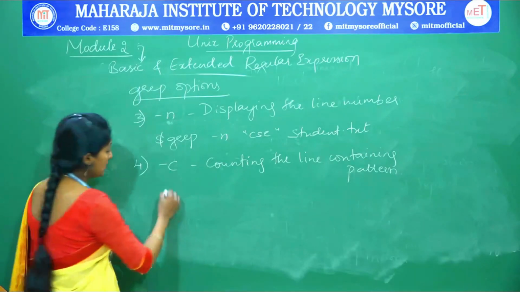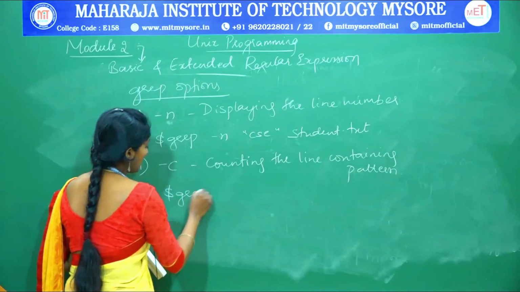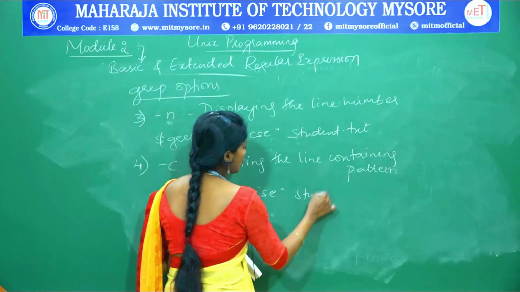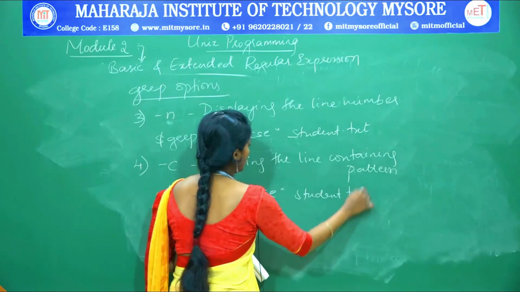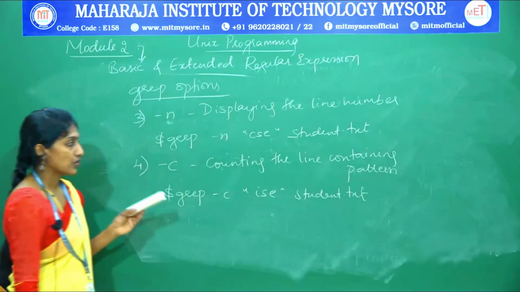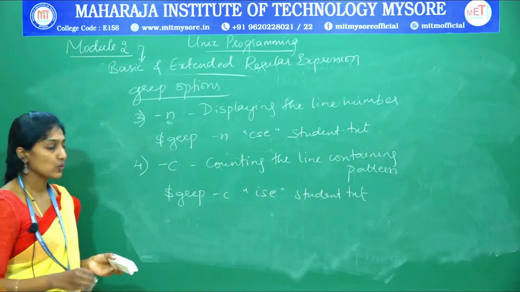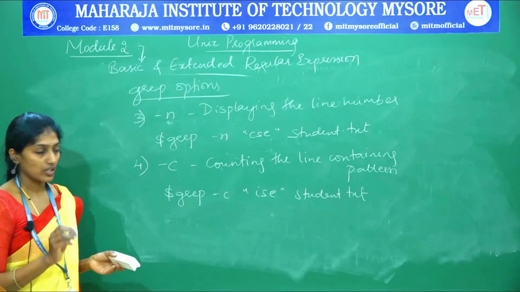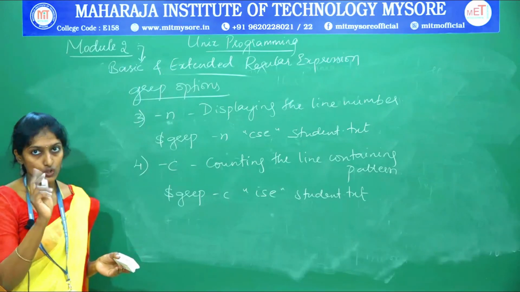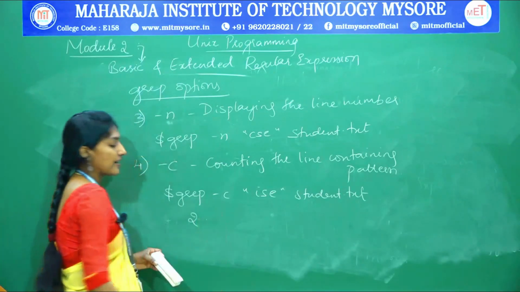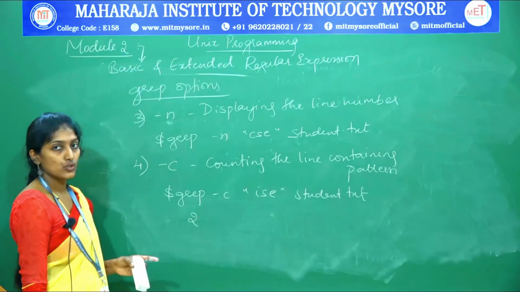So let me consider grep -c with ISE from the file student.txt. How many lines do we have with ISE? The ISE pattern is there in 2 lines from the file student.txt, so that will be displayed as output like this: 2.